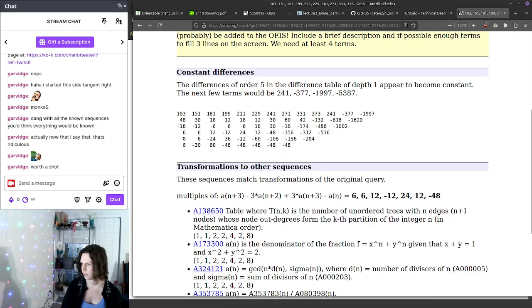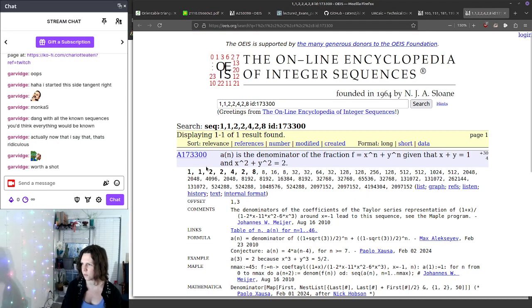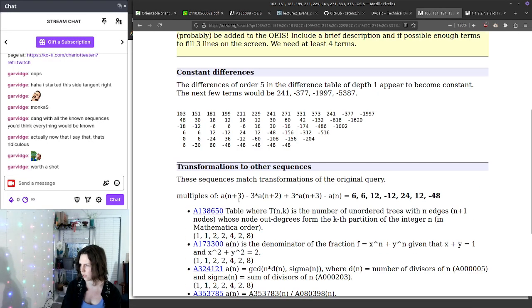Let's see. And is the denominator of the fraction given that x plus y equals 1? Well, let's see. So what is this saying? The denominator of the fraction x to the n plus y to the n, given that x plus y equals 1 and x squared plus y squared equals 2. And how is this transformed into this sequence?